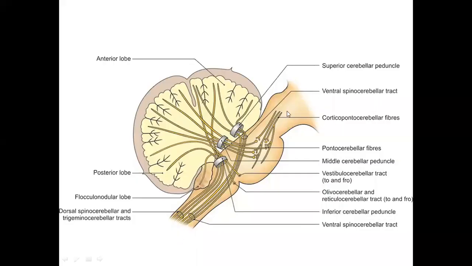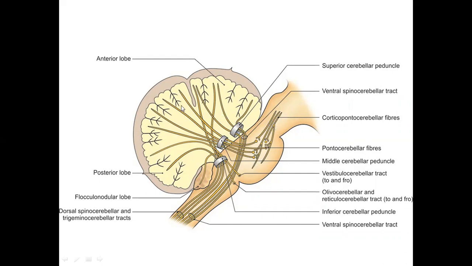So from this picture, actually, you can make out that we have the brainstem and then we have the cerebellum, right? So we know there are communications to and fro. That means from the midbrain, you have connections to the cerebellum. From the cerebellum, we have connections to the midbrain, right? So it forms the superior cerebellar peduncle.